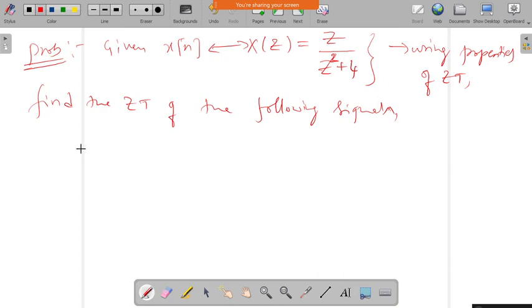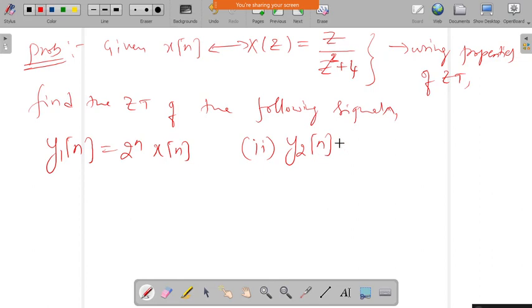So first one is y1 of n, which is equal to 2 power n into x of n. And second one y2 of n, which is equal to n into x of n. So now we already know the Z transform of x of n. Now we need to apply the properties and find out the Z transform of these two signals.